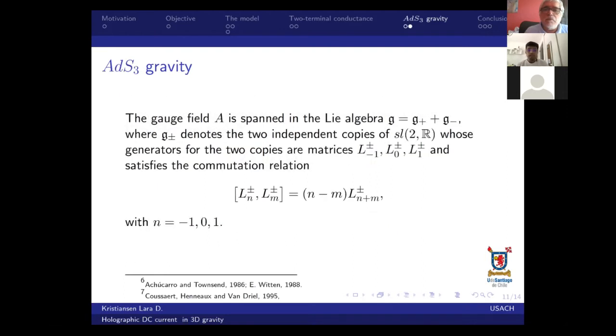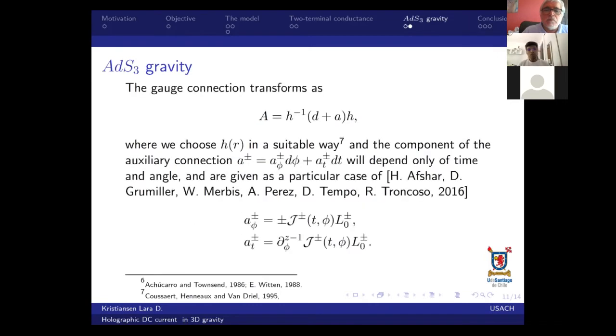The gauge field A is spanned in the Lie algebra J, where J denotes the two independent copies of the algebra SL(2,R), whose generators for the two copies are matrices L-1, L0, L1, and satisfy the following commutation relations. So now let us apply a gauge transformation to the gauge field.